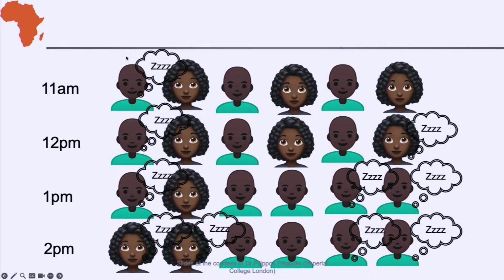Yeah, so our cumulative incidence was what? No, but this person is the same as the other one. That person has been asleep all the way. 3 over 5. 1 minus 3 over 5. 2 over 5. Over a 3-hour period.